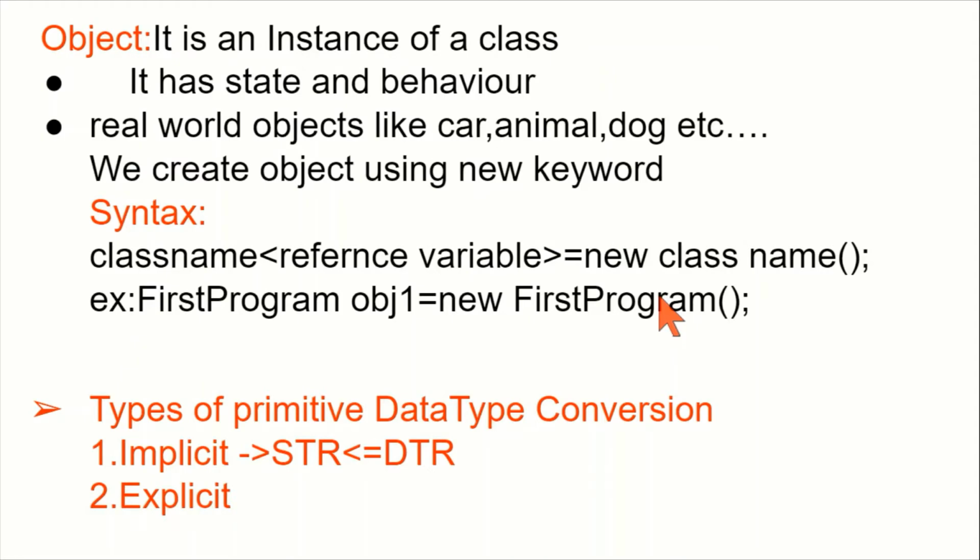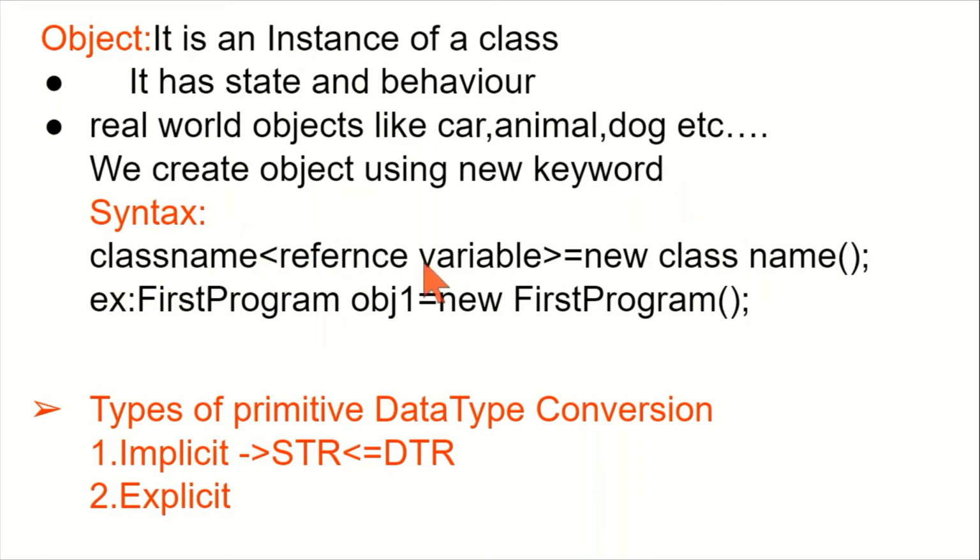Next, object. Object is an instance of a class. It has state and behavior. Anything that represents a real world object can be represented as an object in the programming world also, for example car, animal, dog, etc. Anything. We create objects by using the new keyword.